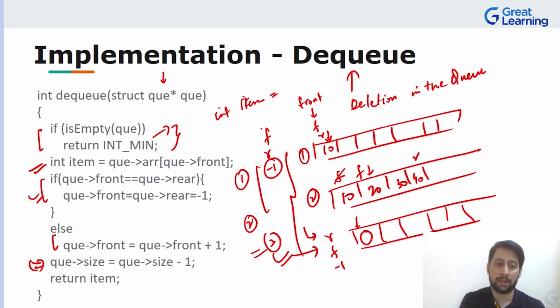In the other cases we execute queue size = queue size - 1, that means we reduce the size of the queue. Earlier we had 4 items, so size is 4. Now we have 3 items because 1 item is removed. In this case we had 1 item, so size was 1, now it is 0. We are decrementing. This is how you perform the dequeue operation.